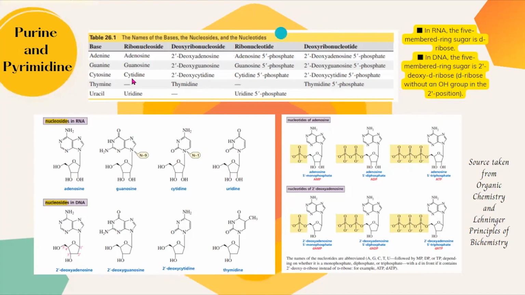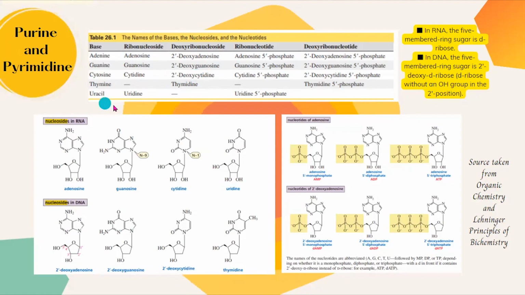I will focus on thymine and uracil here. You must be wondering why thymine has no name in the ribonucleoside part, and why uracil doesn't have its own name in the deoxyribonucleoside part. Let me explain.